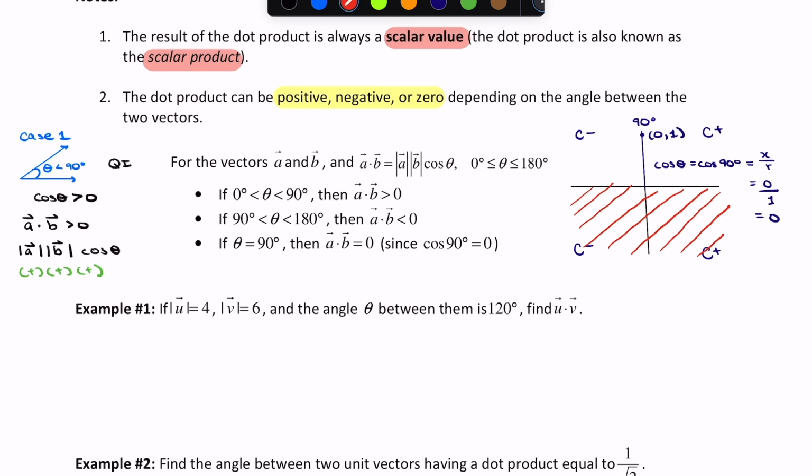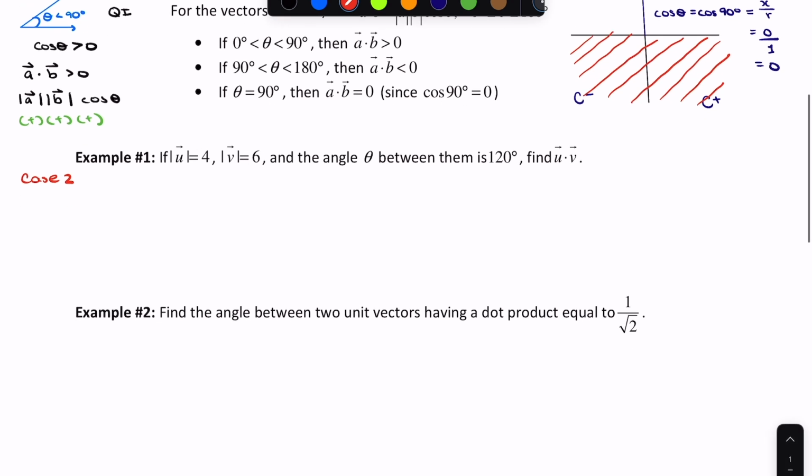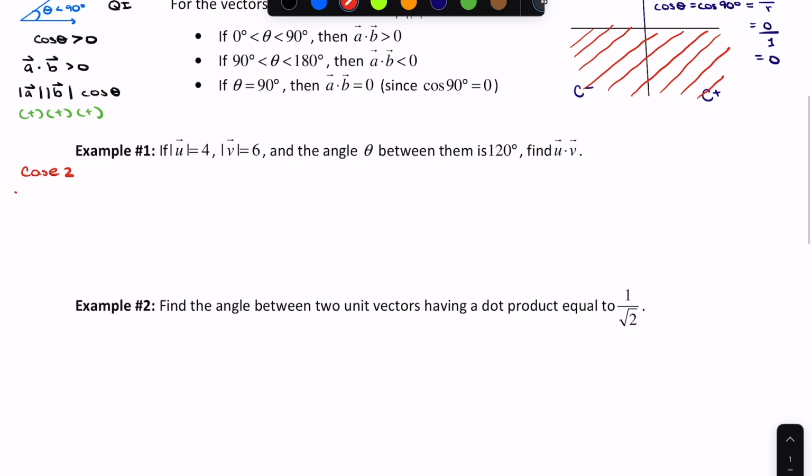If we look at our second case, if theta is between 90 and 180 degrees, then the dot product will be less than 0. So in case number 2, theta is now between 90 degrees and 180 degrees, and that means it will lie in quadrant number 2.